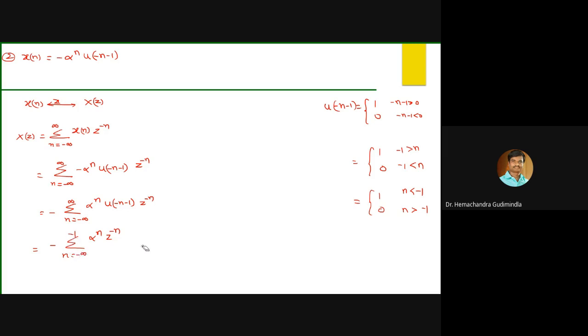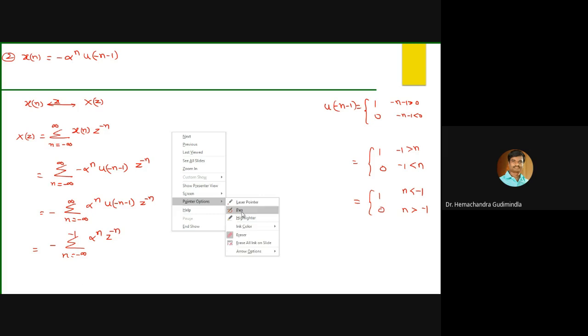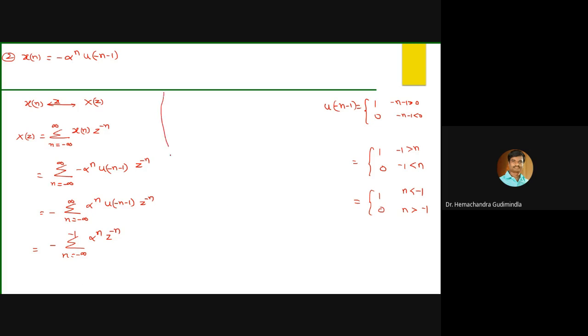So what I will do here, I will consider let n is equal to minus m. Then what is your x of z will become minus summation m equal to infinity to 1 alpha power minus m z power m.